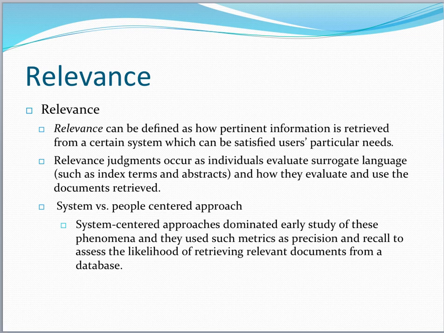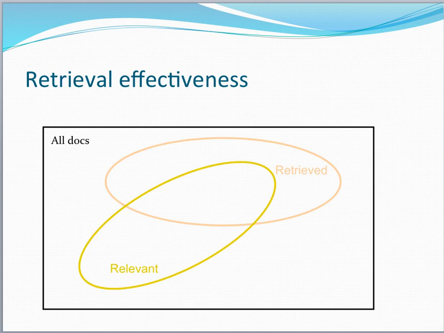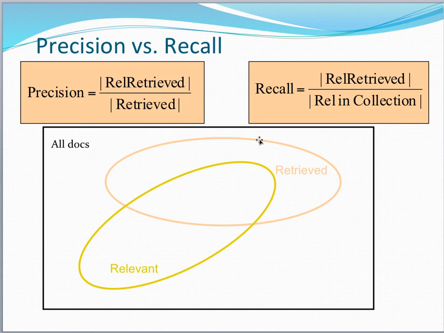And here we have a graphic of all the documents. We can see that as the whole rectangle, then the retrieved, and then what are the relevant documents. Here we have a distinction between precision and recall.